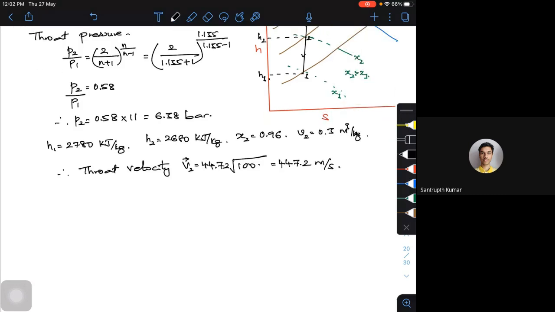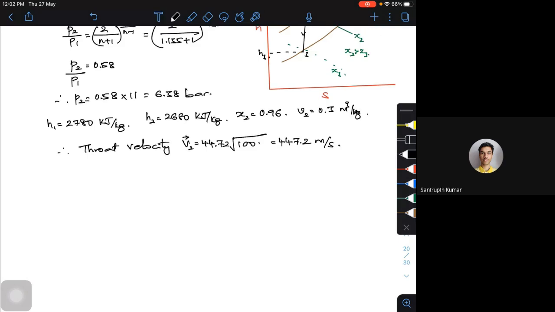See, what is the mass flow rate actually? I don't know the value of mass flow rate. I can find it. Now, what is the formula? Mass flow rate m dot is actually equal to A2 into V2 into small v2.